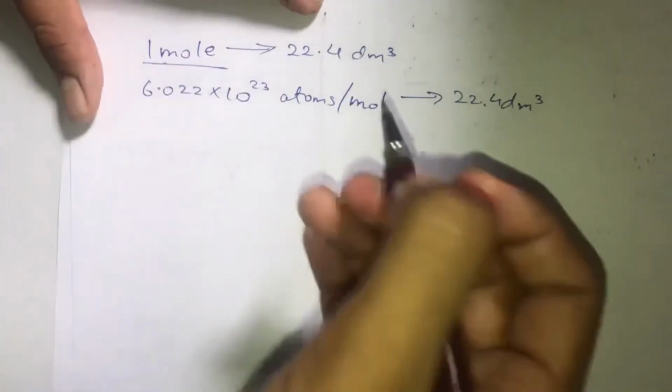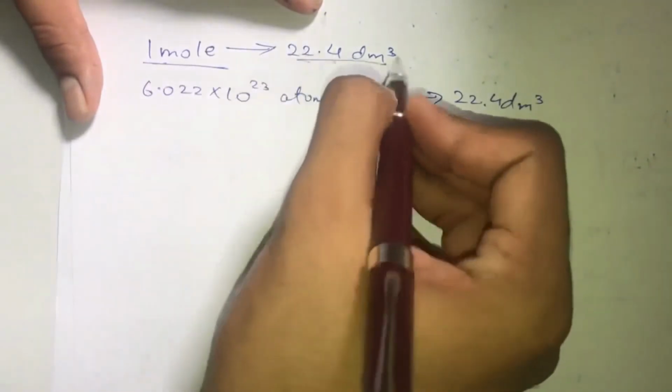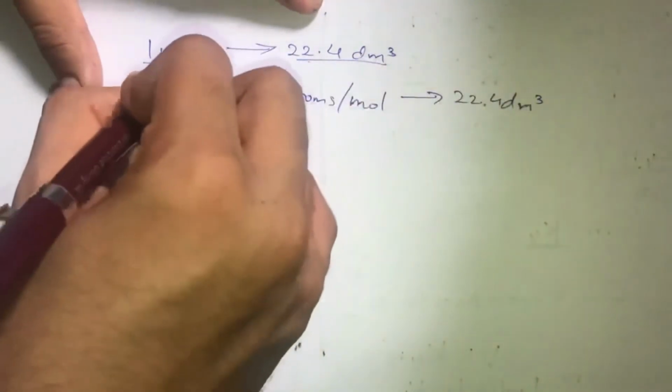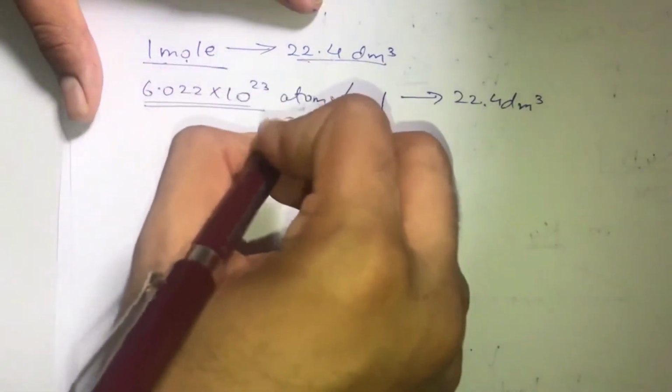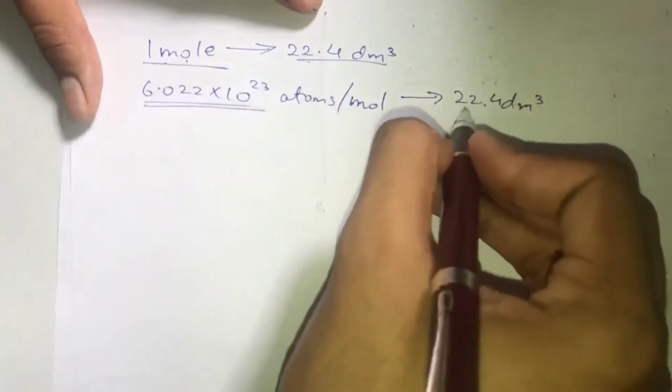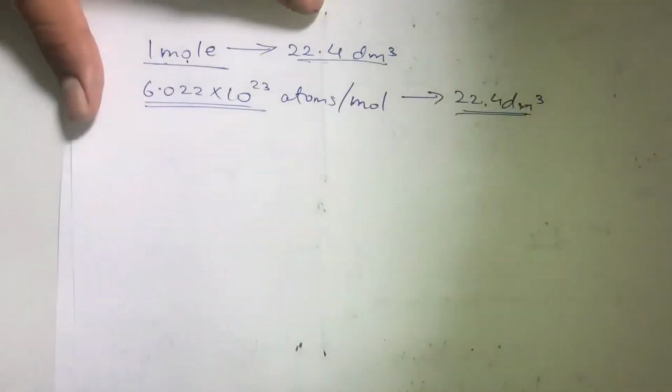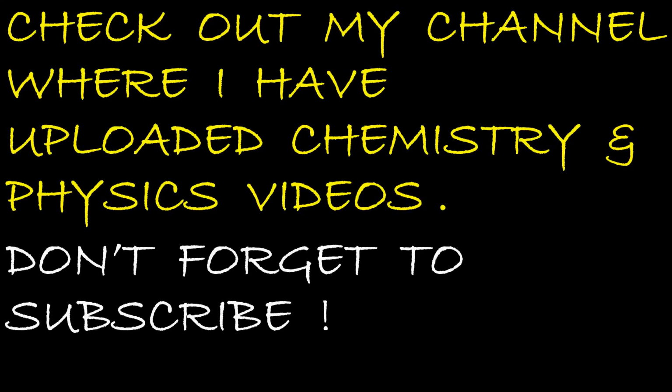It is obvious now that if 1 mole is occupying 22.4 dm cube and inside 1 mole there are 6.022 into 10 raised to 23 atoms, then obviously they are also going to occupy the same volume, which is nothing but 22.4 dm cube.